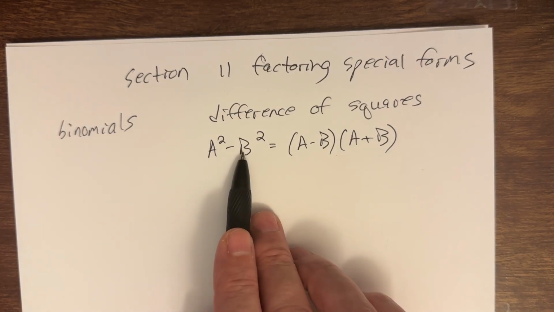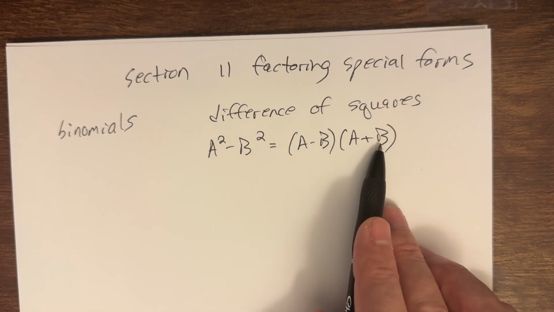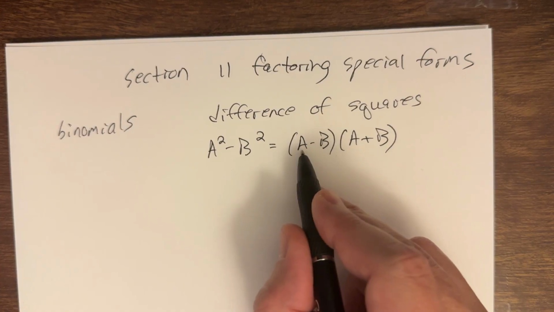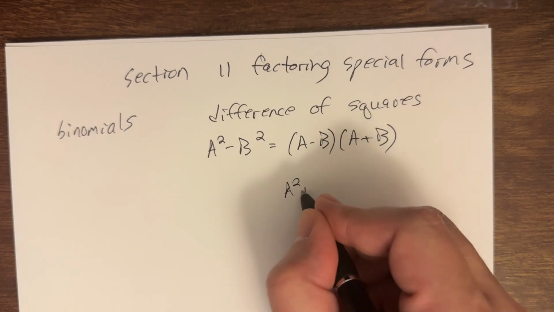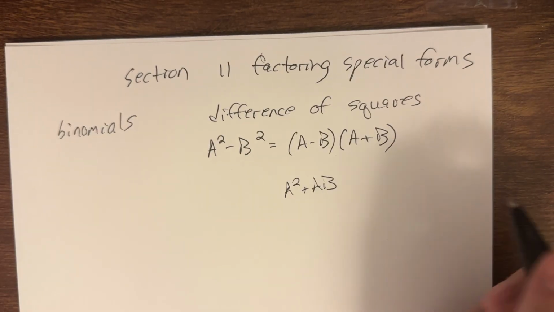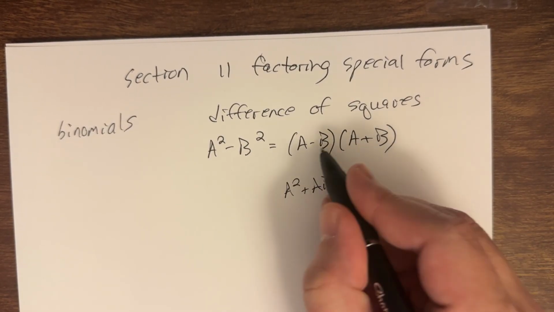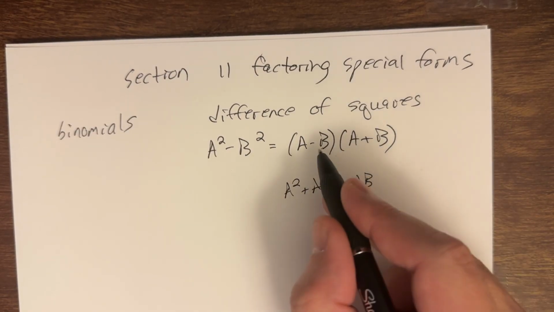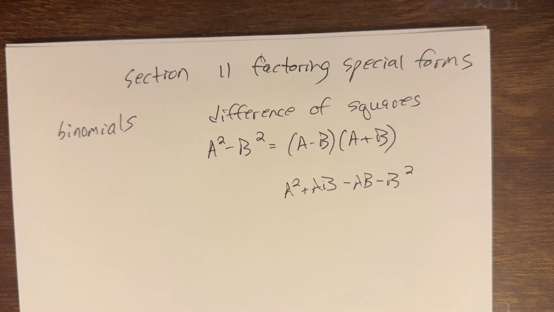If you have that situation, it still factors into these two nice binomials, because if I multiply this out, even as a generic formula, a times a is a squared, a times b is ab, minus b times a, well, I'll just change the order, but I still get a minus ab, and minus b times b is minus b squared.